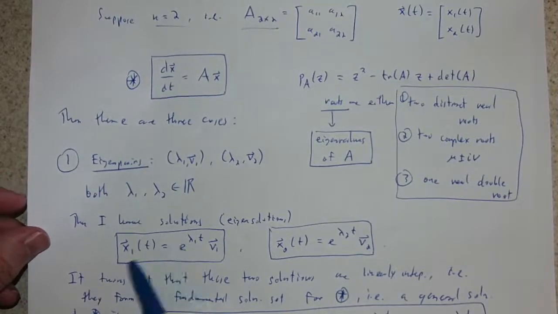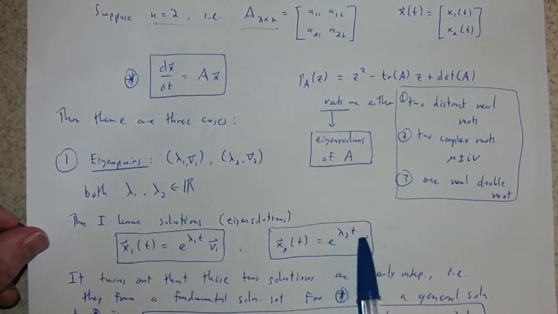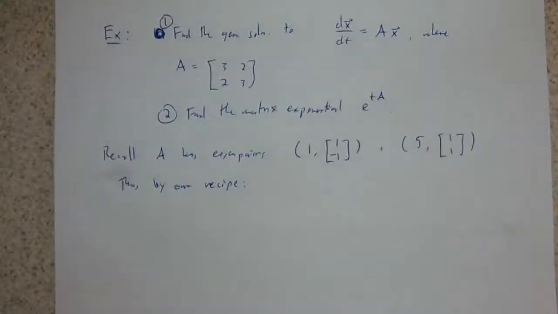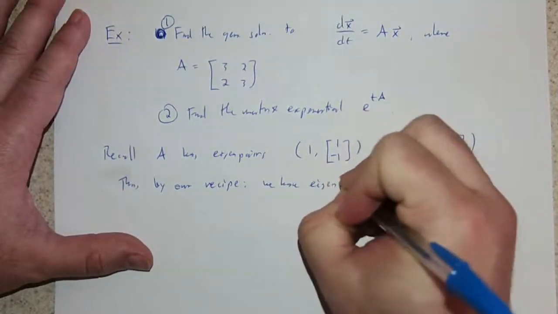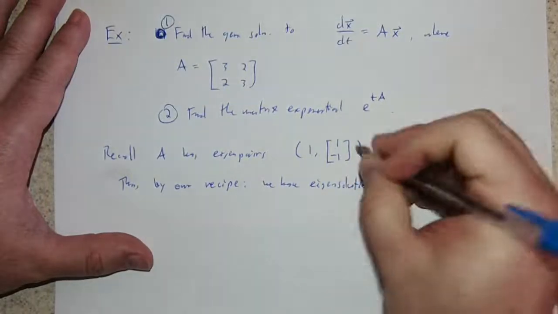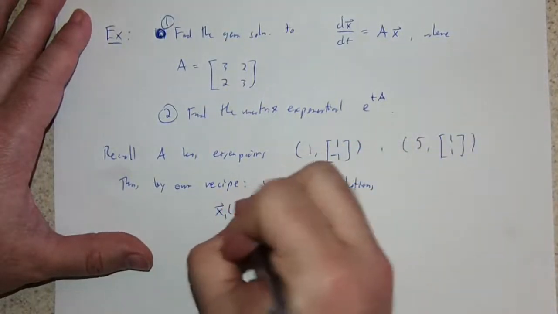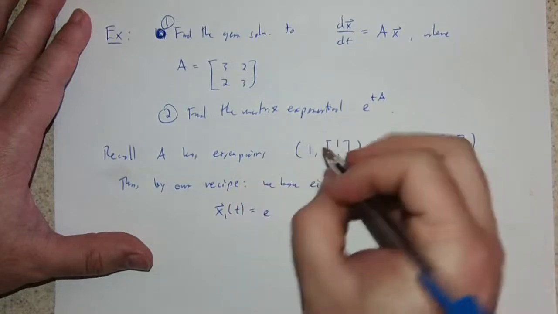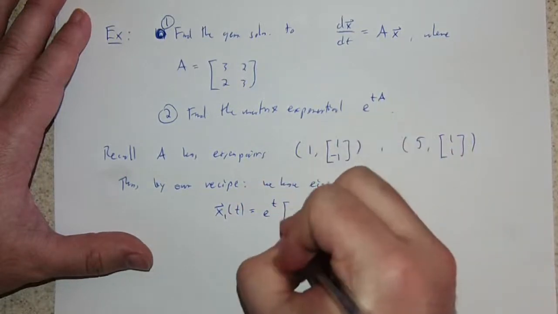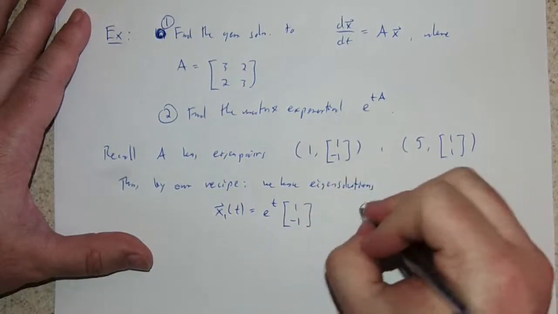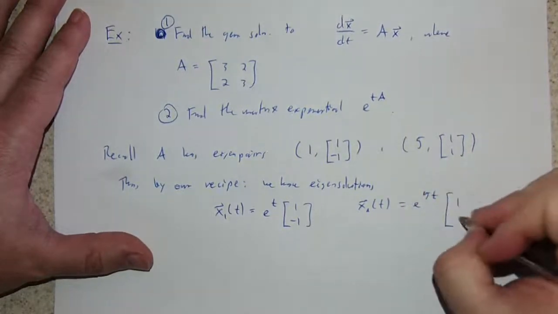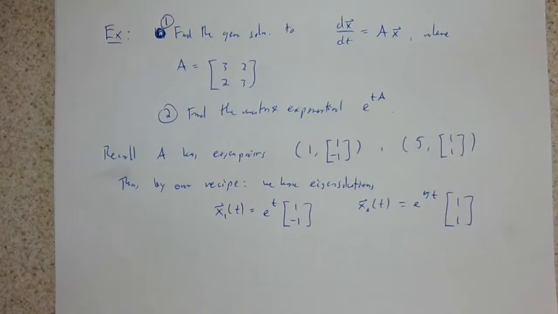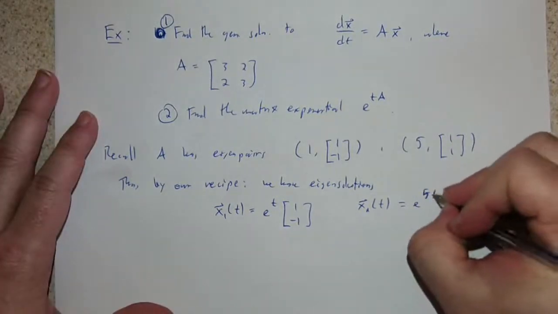The first one is e to the lambda 1 t v1, the second one is e to the lambda 2 t v2. So by our recipe, we have eigensolutions x1 of t, which is e to the t times (1, -1), and x2 of t, which is e to the 5t times (1, 1).